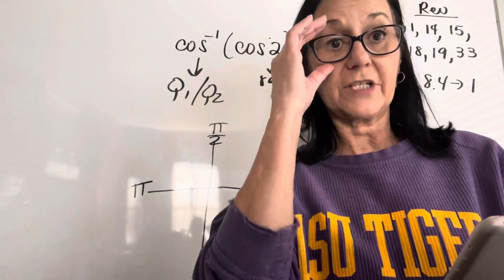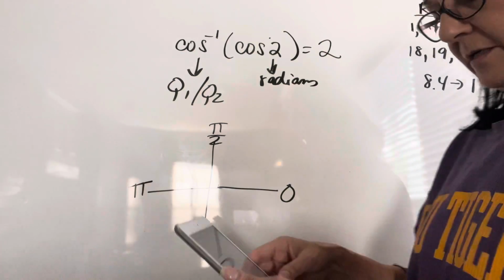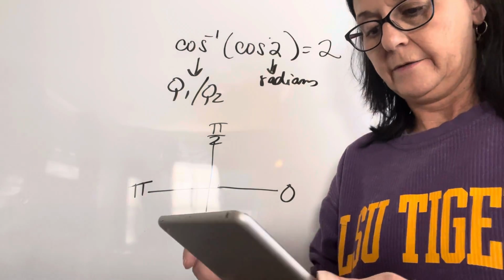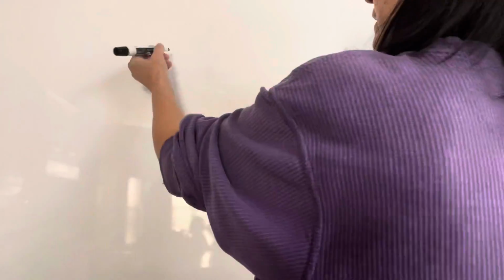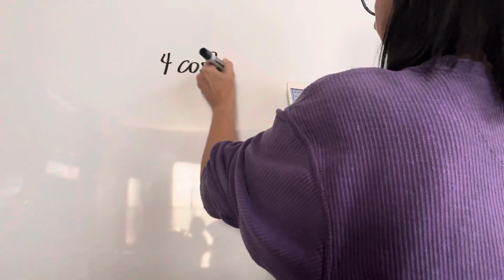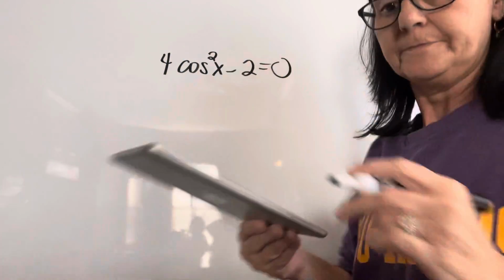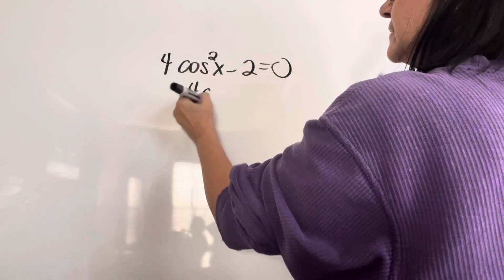So you're not going to have to sketch a graph. Then we're going to number 33. All right, so number 33 is 4 cosine squared x minus 2 equals 0. I'm going to add 2 to both sides.